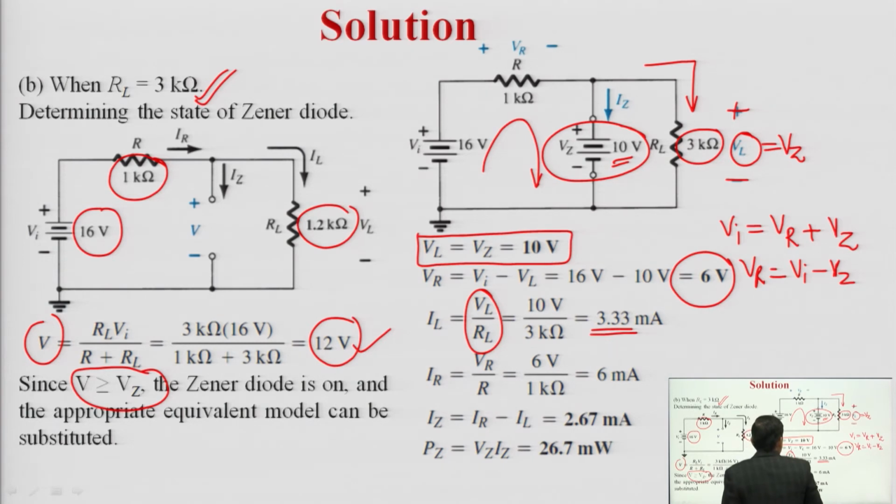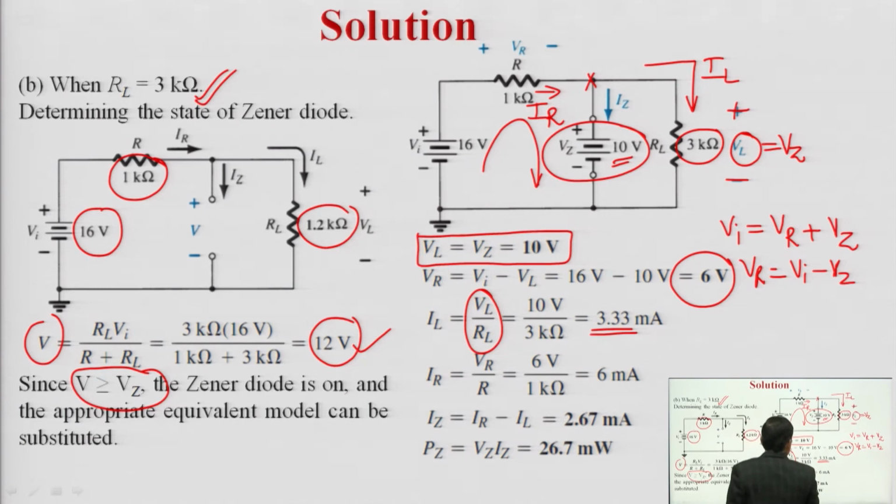Now, the next thing, if you want to find out the current through this series resistance R, we can apply KCL at this particular node, which says that IR equals IZ plus IL, because the incoming current equals the outgoing current.